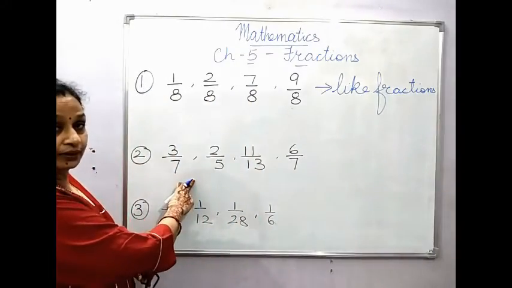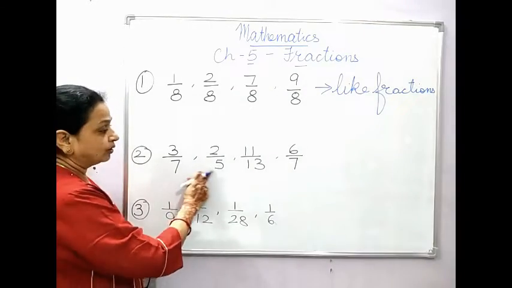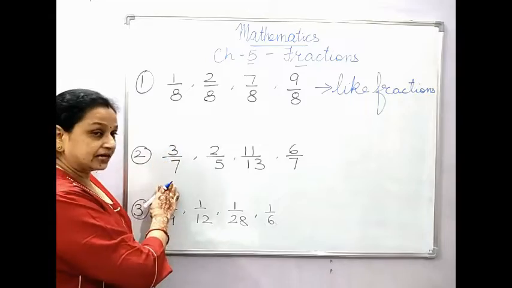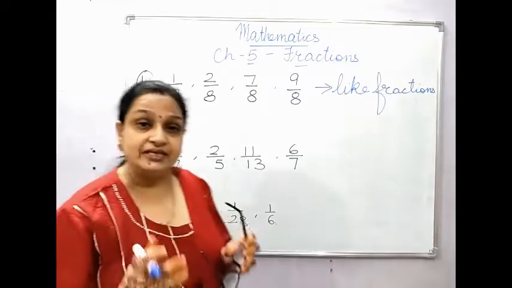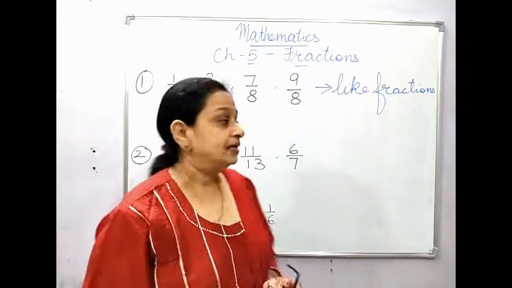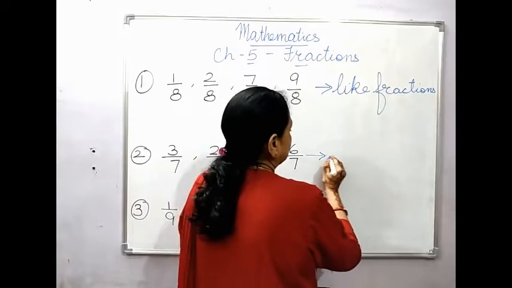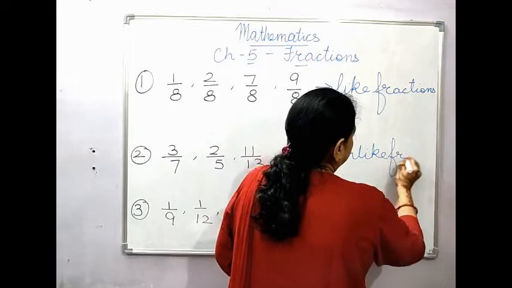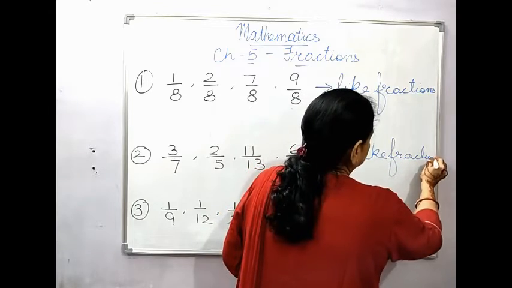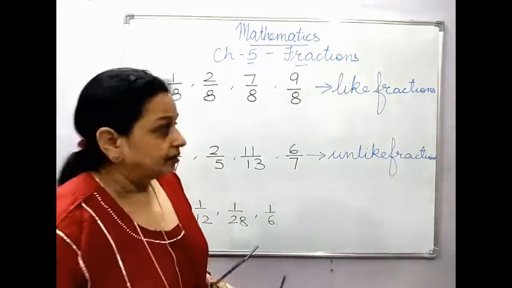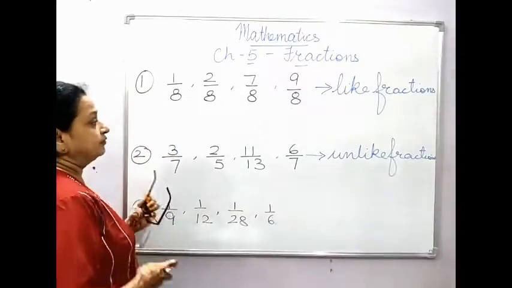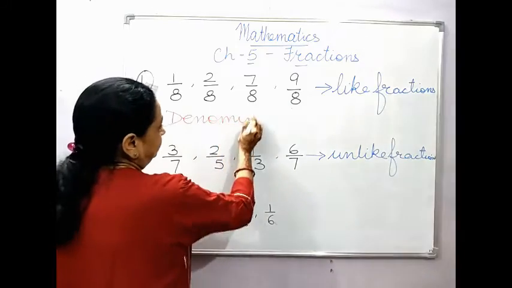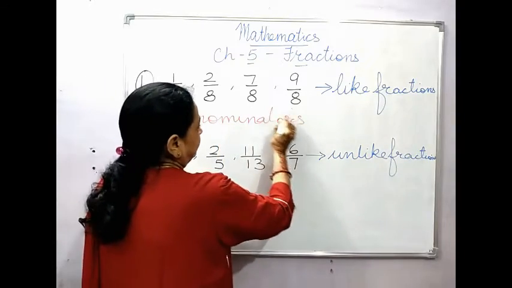Now see the second one. In this, all the 4 denominators are different. The fractions in which the denominators are different are called unlike fractions. Like fractions are those in which the denominators are same.